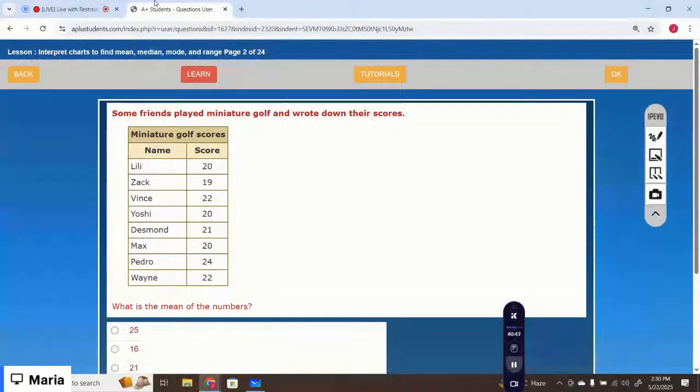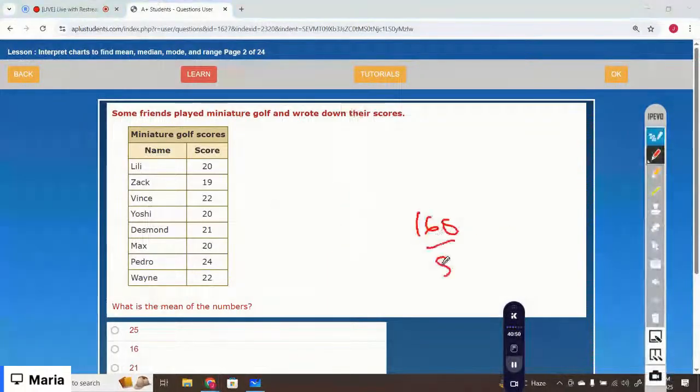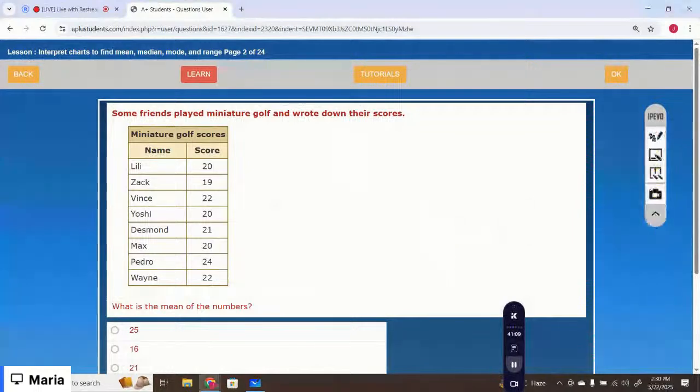So there are 8 numbers. That's how I got that 168. So 168 divided by 8 is 21. So the mean of the given numbers is 21. The correct option is 21.